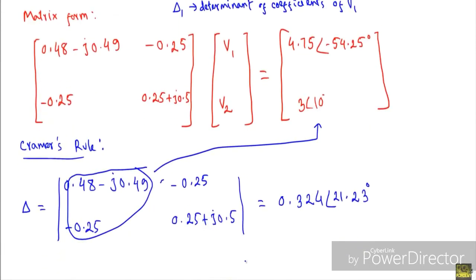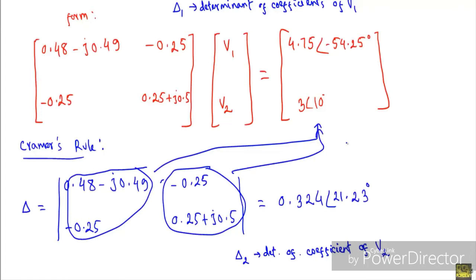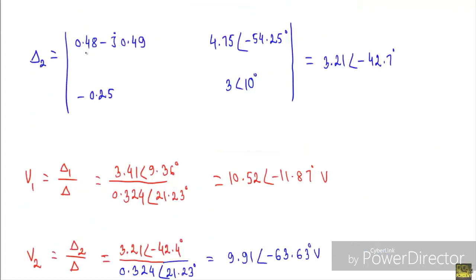I can also calculate delta 2. Delta 2 will be the determinant of the coefficients of voltage V2. In that case, I will replace this column with the values on the right side. Delta 2 will be equal to 0.48 minus j0.49, minus 0.25, and here 4.75 phase angle minus 54.25 degree and 3 phase angle 10 degree.